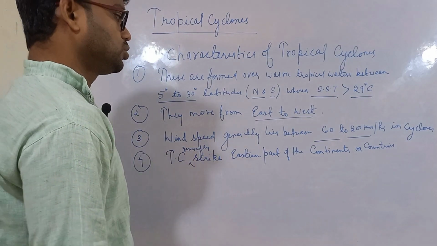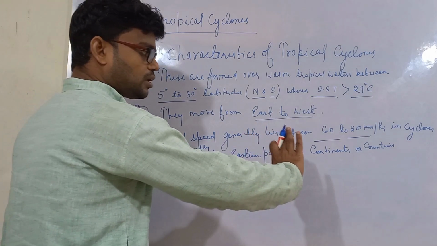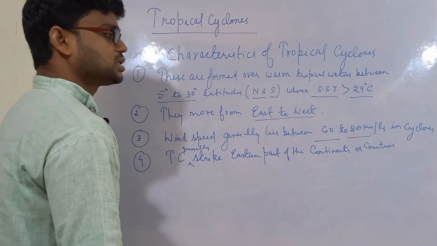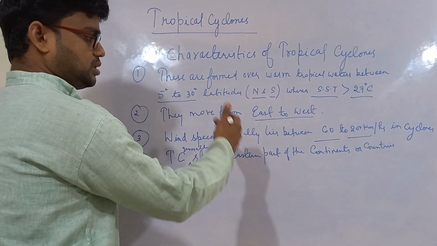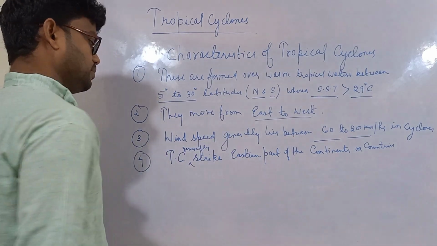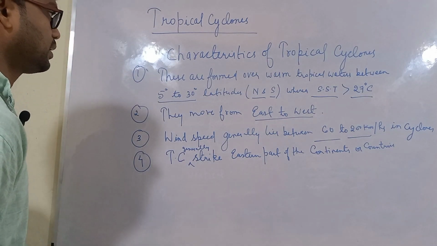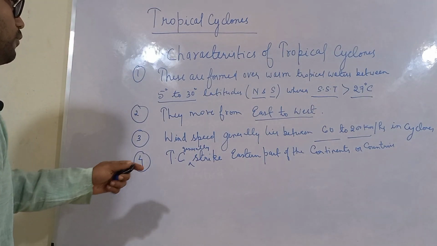Okay, generally most of the tropical cyclones are seen to be formed in the Bay of Bengal region, and they used to strike the eastern part of India or eastern part of the continent. So this is the fourth characteristic of tropical cyclone.